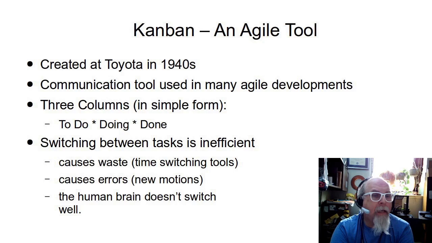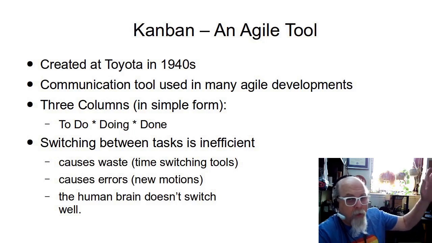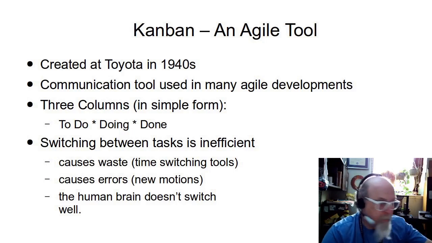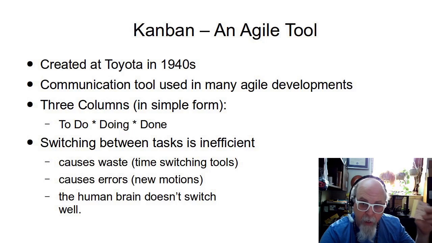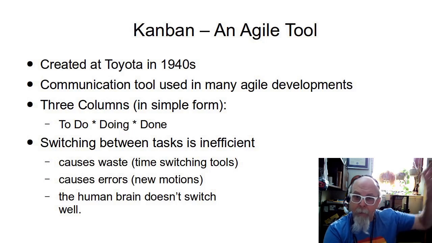And it's basically to do, doing, and done are the 3 columns. So you have a Kanban sitting in your office that says to do, doing, and done. What we often will do with a Kanban is we'll write up something we have to do on a Post-it note, and as soon as we write it down, we forget about it and put it on the to-do. Just put it up there.